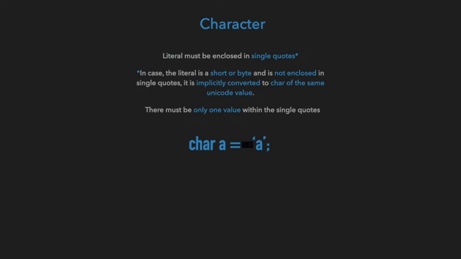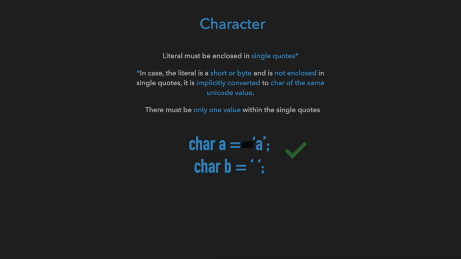So as you can see here, char A is equal to A, and char B is equal to, here it's not an empty space, rather it's a space. It's just one click of the space bar. So a space is contained within those single quotes, and this is correct because there's one value.